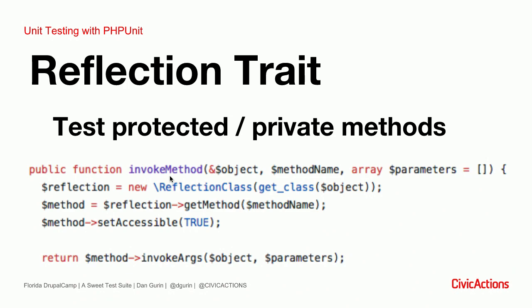You basically invoke the method and pass in the object, the method name, and the parameters, and a new object is made, and then passes in that method, along with the parameters here, you are able to test the non-public functions.